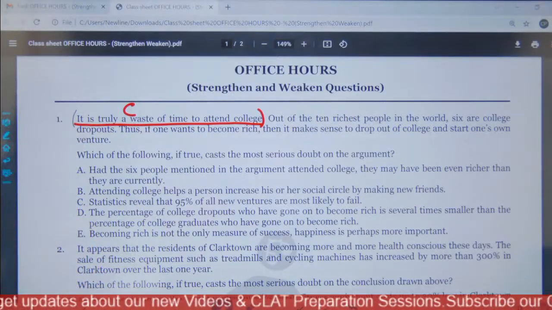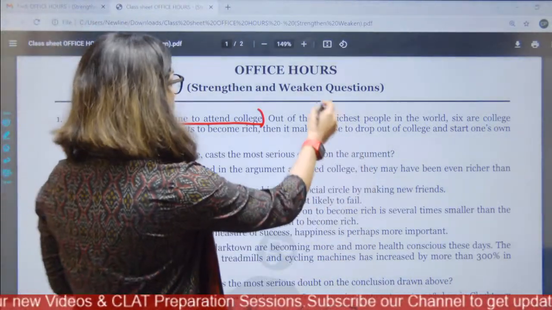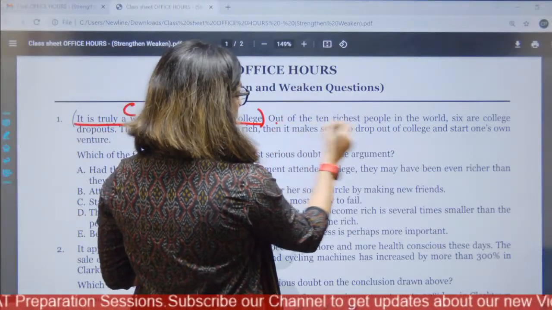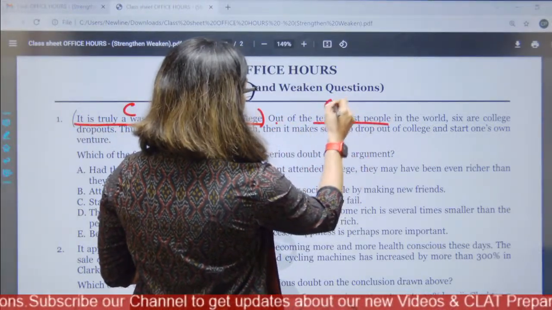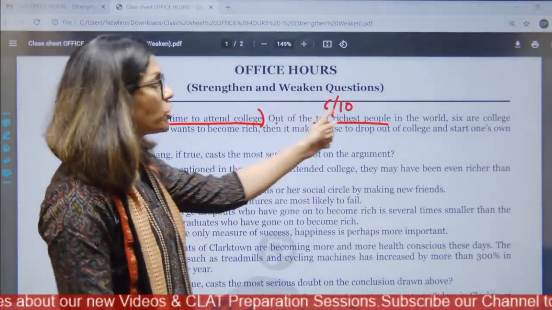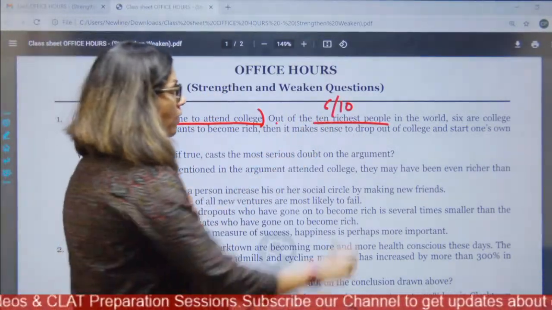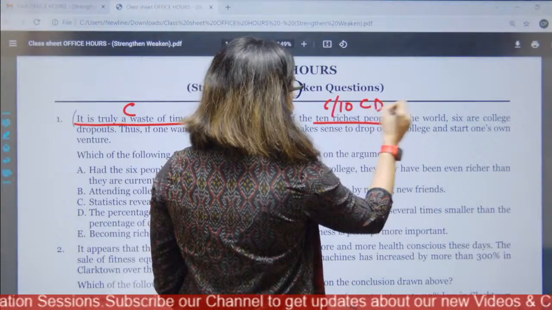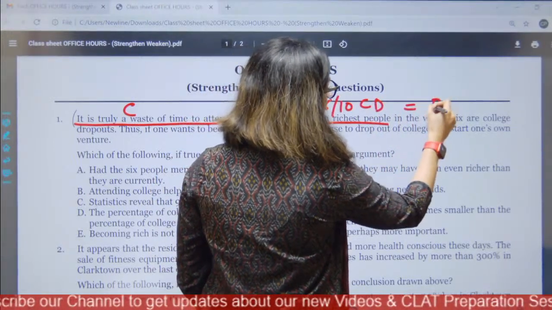So the author gives this figure, which is a majority figure, 6 out of 10 college dropouts are the richest.